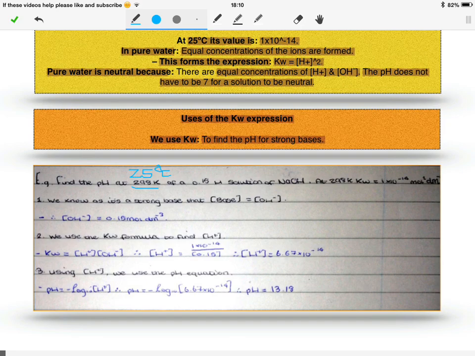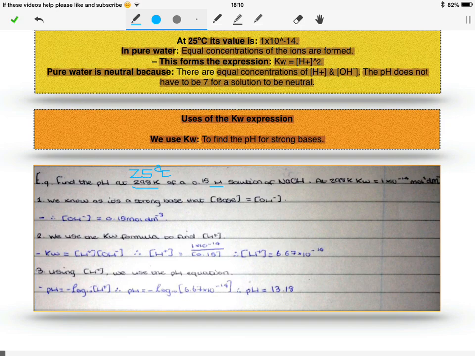If you're not used to this M, it just means moles per decimeter cubed. At 298 Kelvin, Kw equals 1 times 10 to the minus 14 mol squared dm to the minus 6.